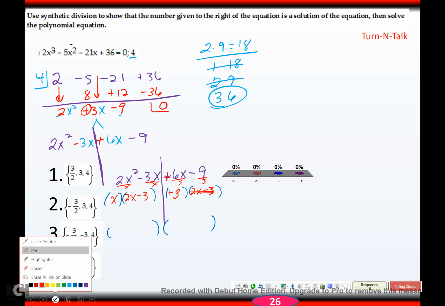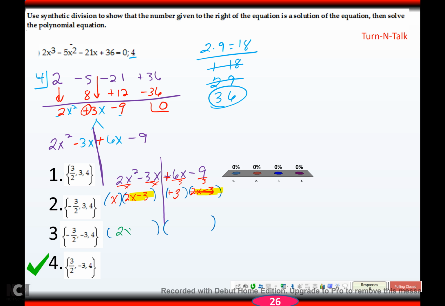My common binomial is 2x minus 3. And what's left, if I divide both sides by 2x minus 3, is x plus 3. Set those to 0 and solve them. 2x minus 3 equals 0. X plus 3 equals 0.